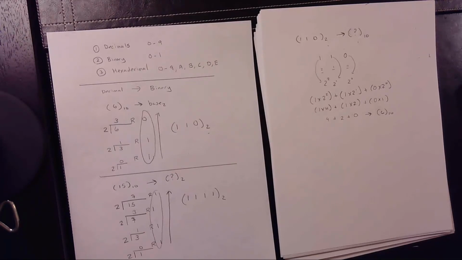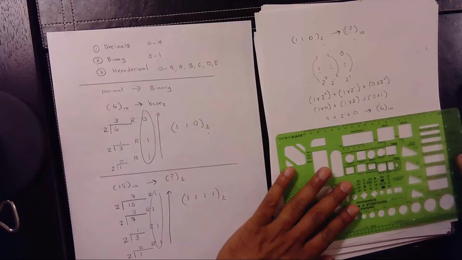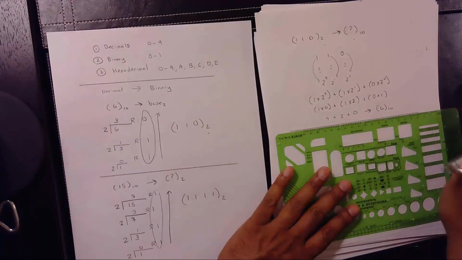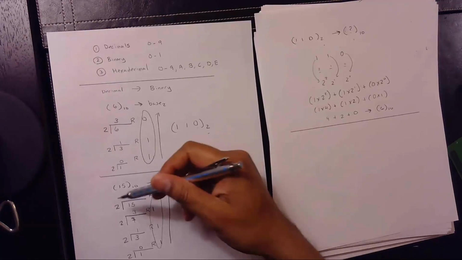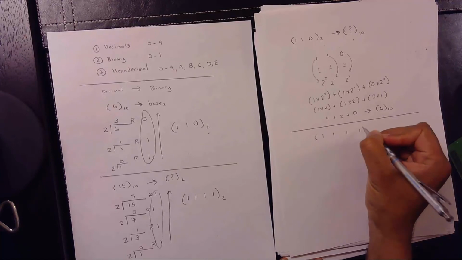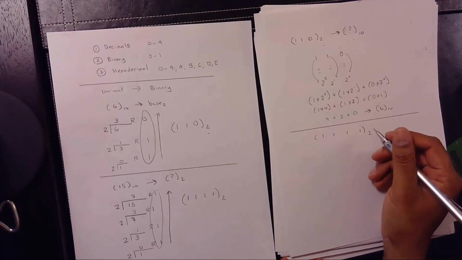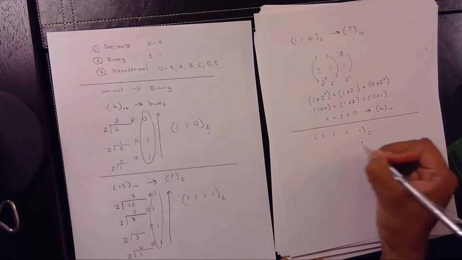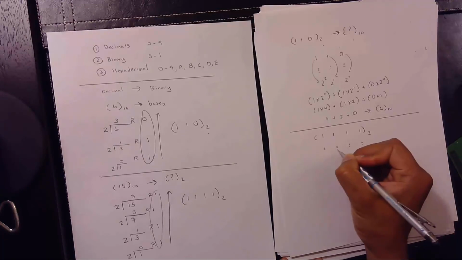Let's do the next one. Let's do 111 back to 15. How do we get 1111 back to 15? We just do the same method. Hopefully I won't make a mistake this time. We write again in real small 0, 1, 2, 3. These are our placeholders.